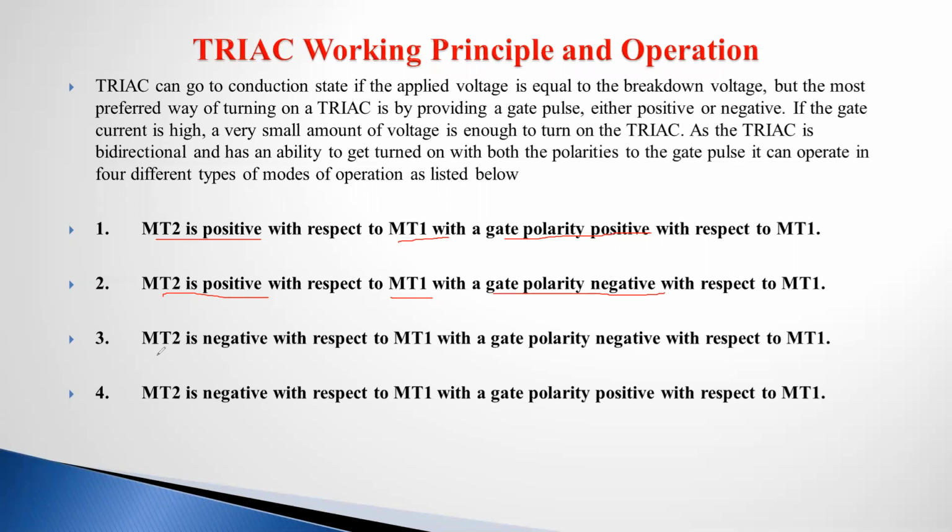Clear? Third mode, exactly the opposite process. MT1 is positive, which means here MT2 is negative with respect to MT1, and the gate is positive. Clear? And the next, fourth mode: MT2 is negative with respect to MT1, which means MT1 is positive with respect to MT2, and the gate is negative.